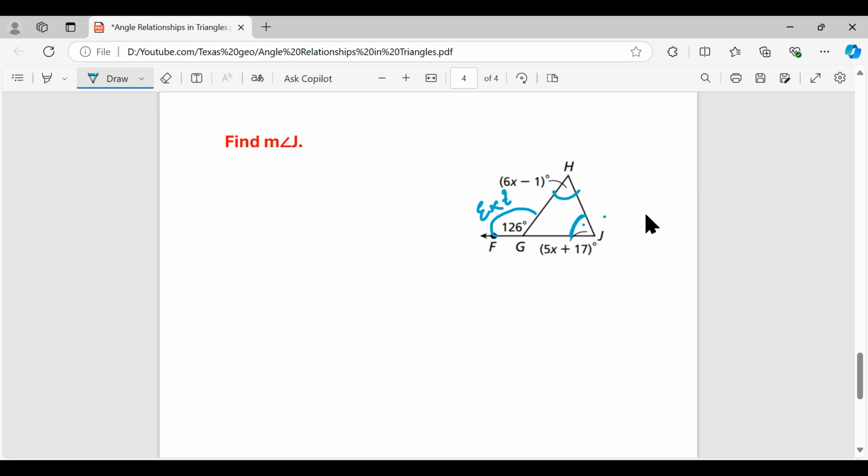Okay, so as you know, as per the theorem, the measure of the exterior angle, that is the measure of angle G, equals the sum of the measures of the opposite interior angles, that gives you the measure of angle H plus the measure of angle I. So we put the values here.